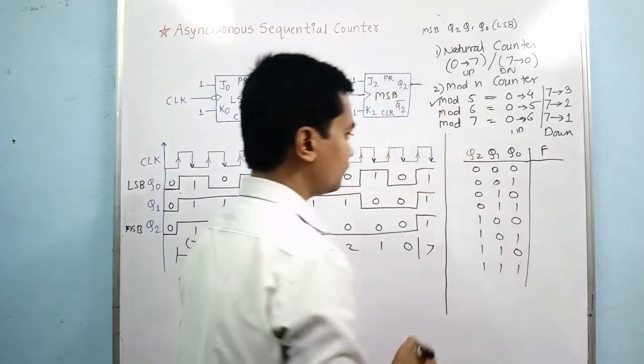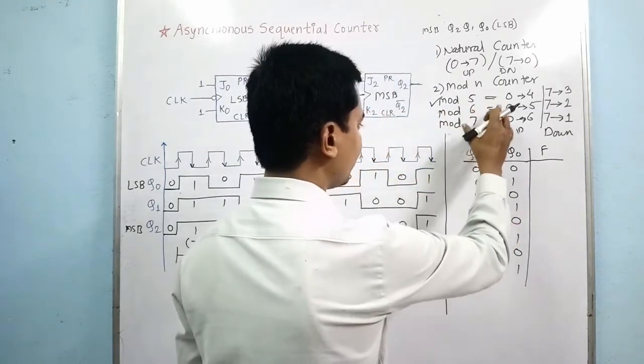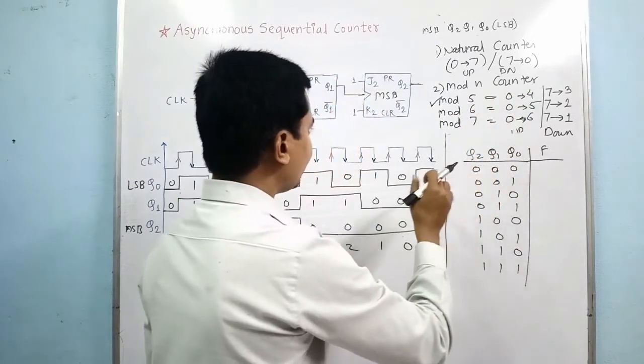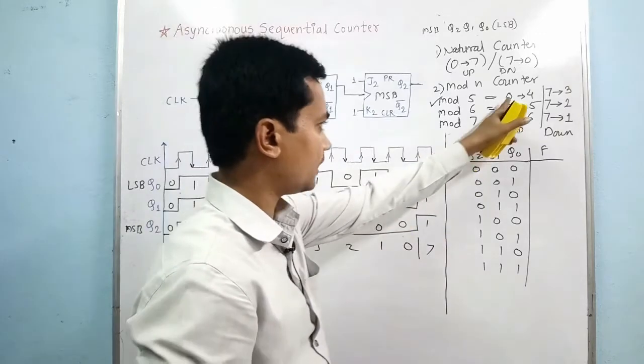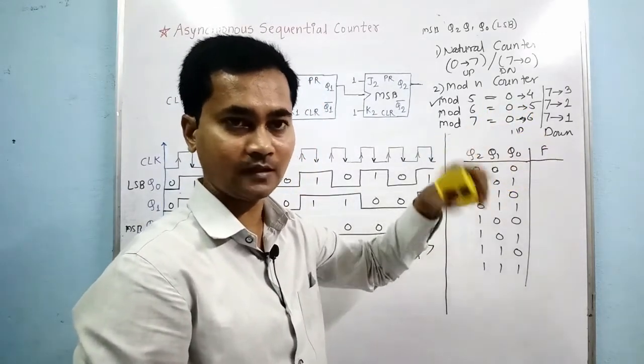For a mod n counter, if you want up counting, then normally we use the NAND gate. You just remember this directly.